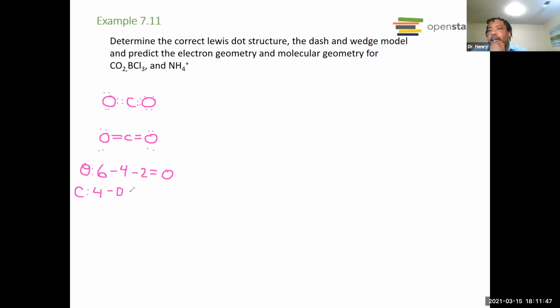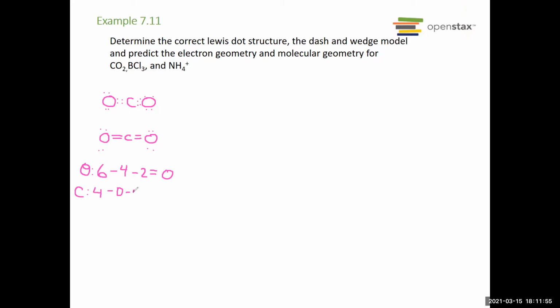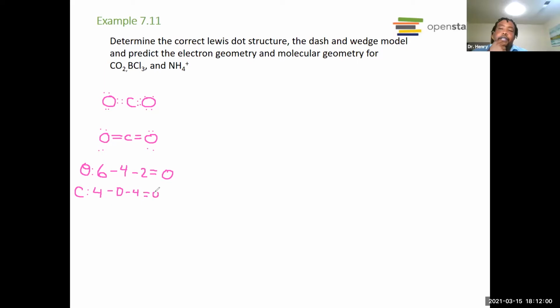And then we subtract the number of bonds, 4. Okay, so perfect. This is a good, valid chemical structure.